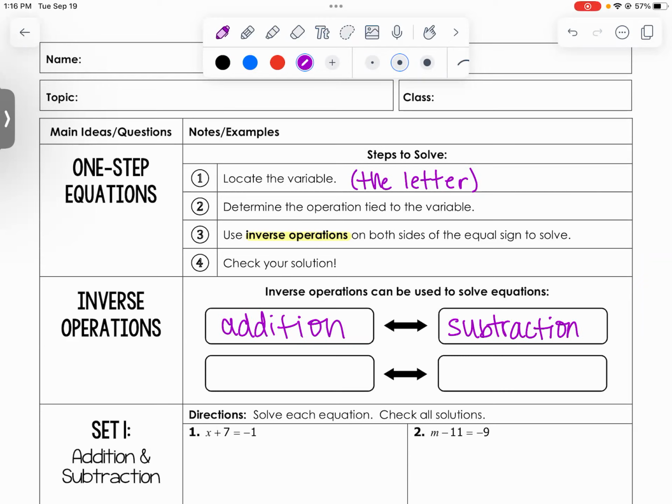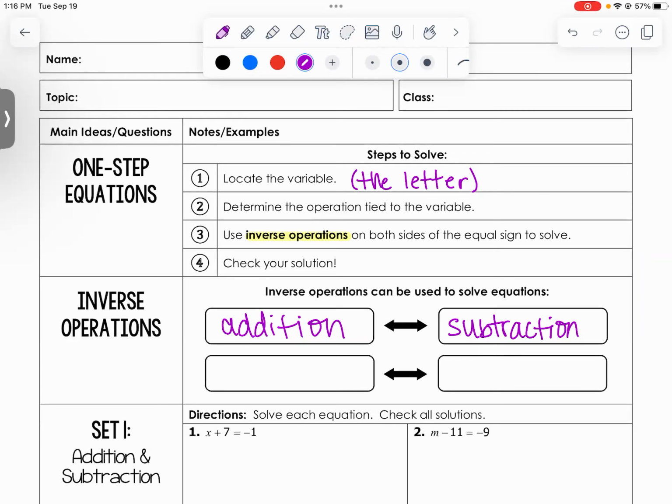If we have a number being subtracted from our variable, we will undo it by using addition. Whatever you do to the left side of the equation, you also have to do to the right side of the equation because we have to stay balanced.